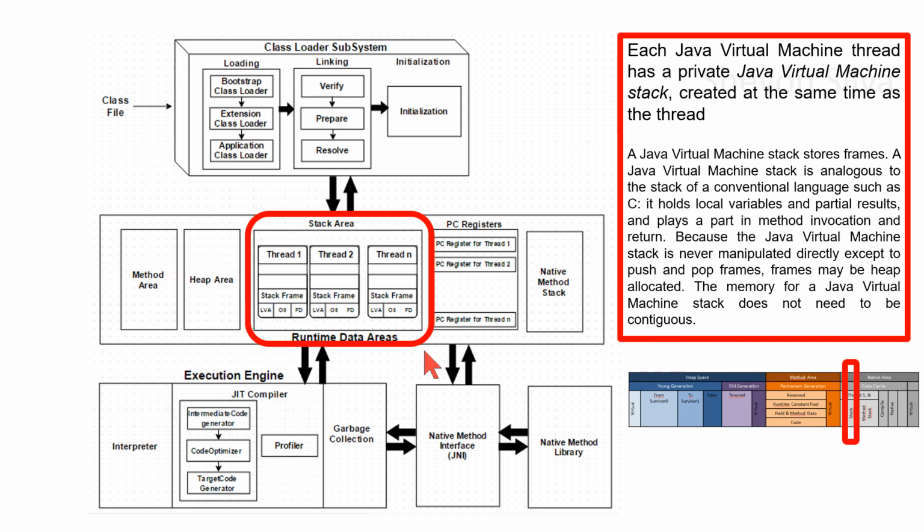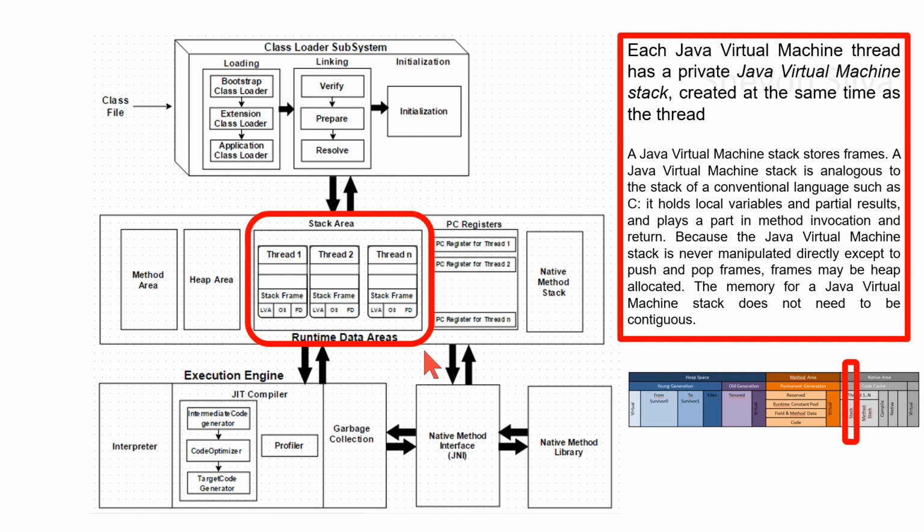Now we are focusing on stack area. Each Java virtual machine thread has a private Java virtual machine stack created at the same time as the thread. A Java virtual machine stack stores frames.